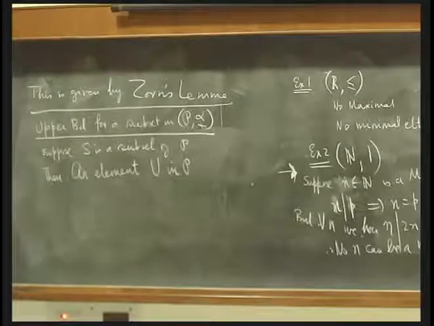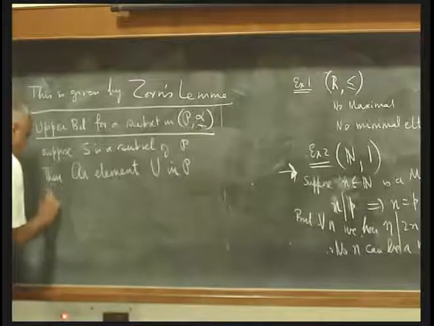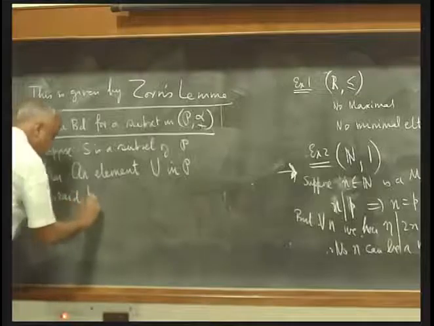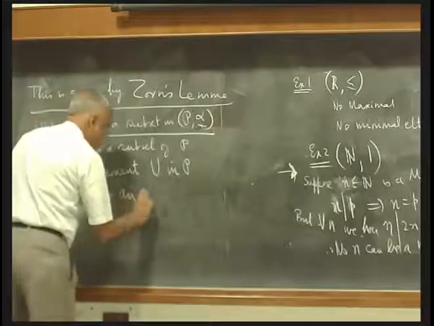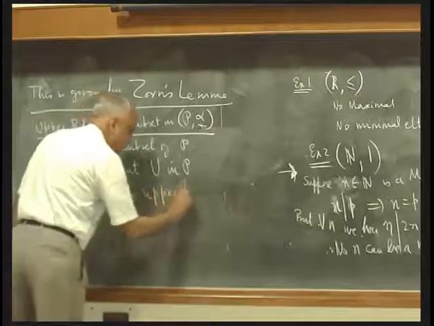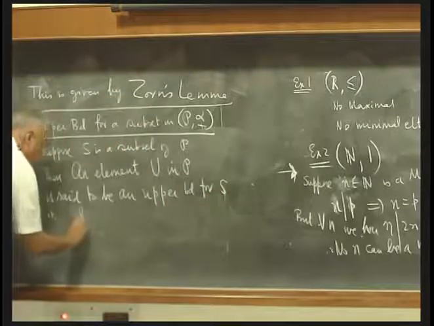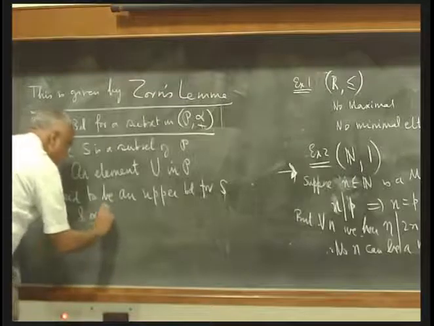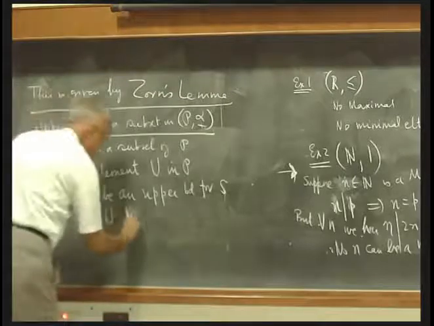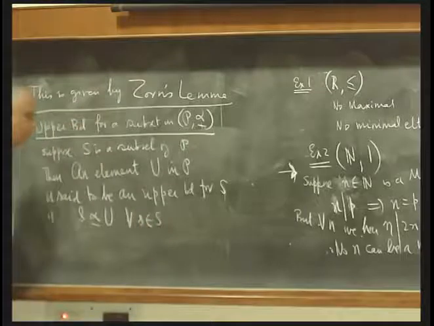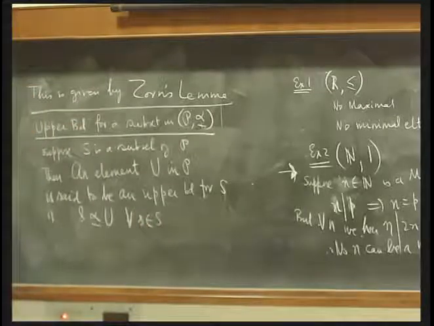Okay. U in P is said to be an upper bound for S if it dominates everybody in S, or it succeeds everybody in S, or everybody in S precedes you. Everybody in S is comparable to you, and in that comparison, S comes below.